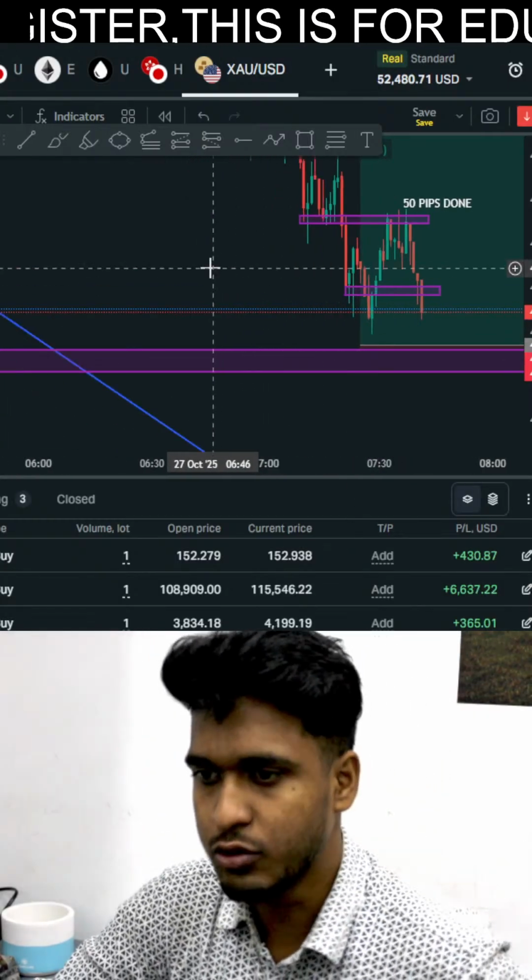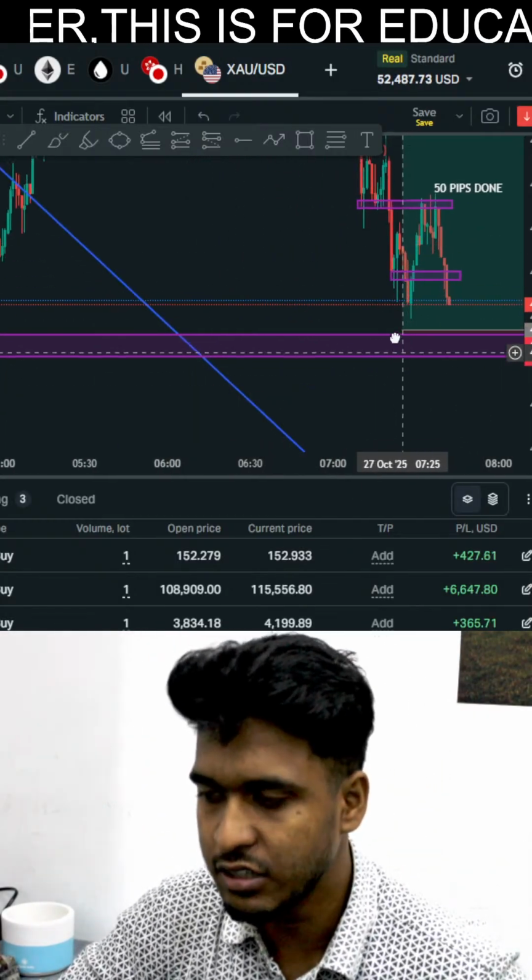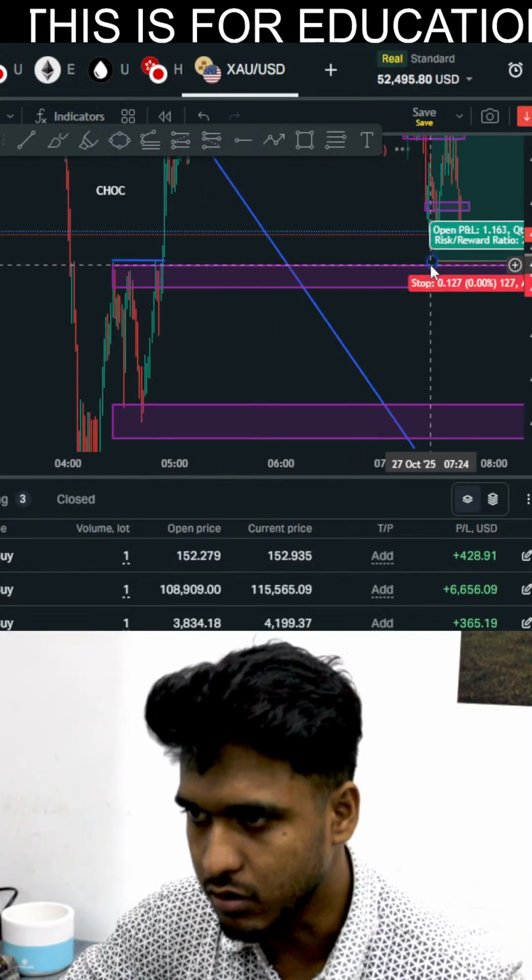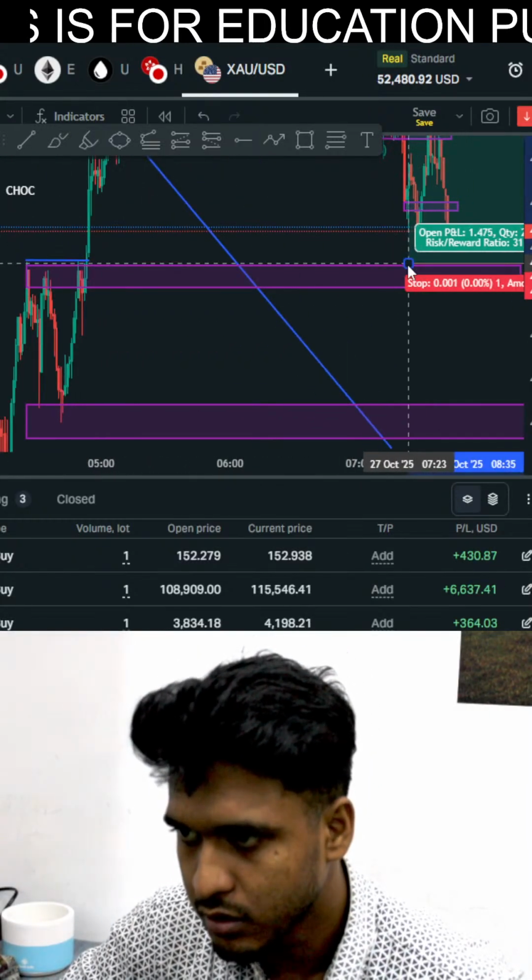Are you guys ready to take a re-entry trade? So the re-entry trade is going to be from this low area. From here, we're going to take a re-entry trade.